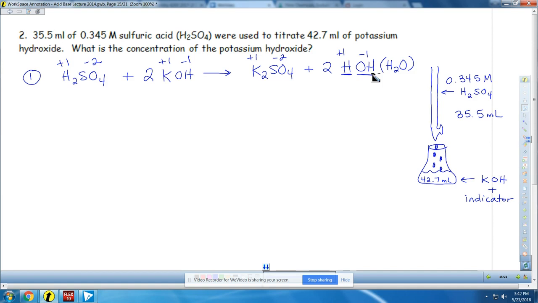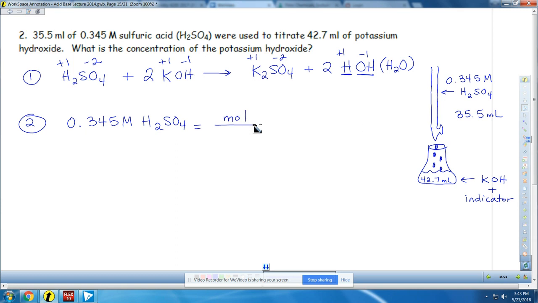Sweet. All right, so step 2. Step 2 is to start with a solution of known molarity. I know that the acid is 0.345 molar, and that is H2SO4. And molarity equals moles per liter.